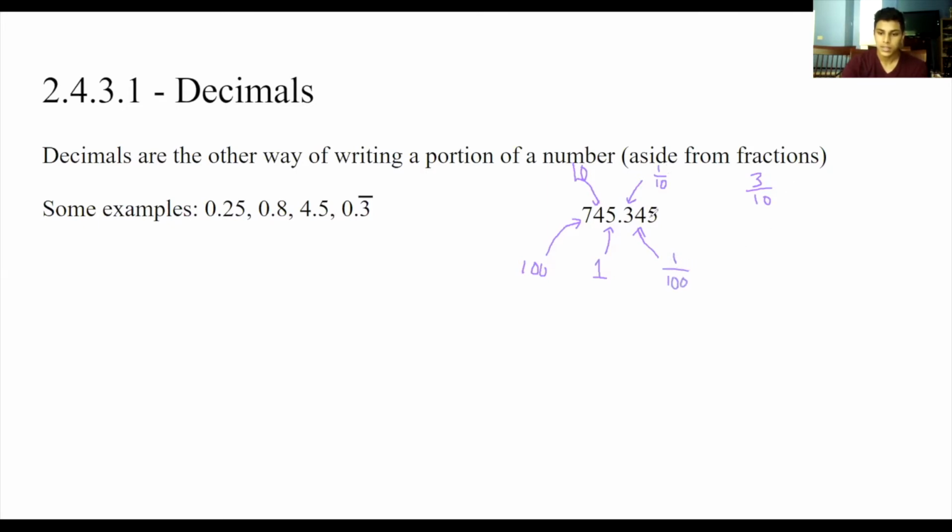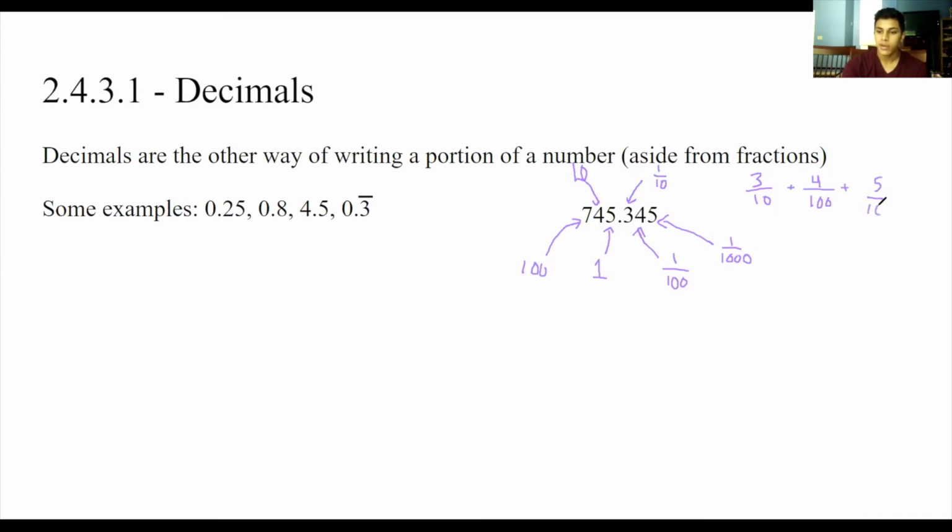So this 4 represents that we have 4 over 100. And then this 5 is in the thousandths place, or the place value of 1 over 1,000. So the 5 represents that we have 5 thousandths total.